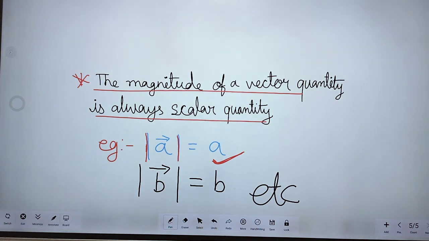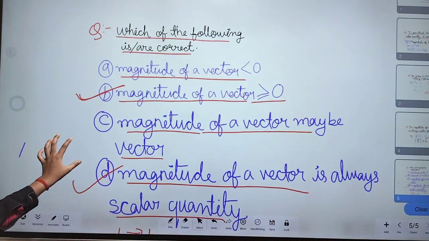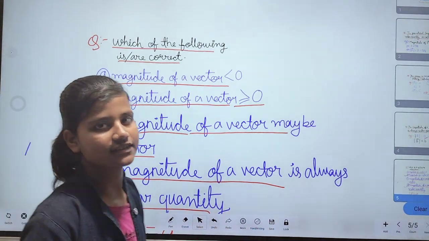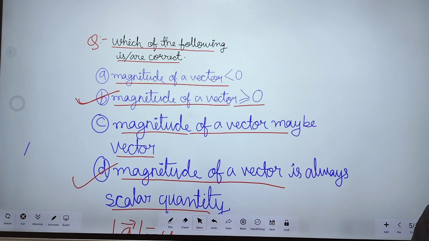Our next question: the magnitude of a vector quantity is always greater than or equal to 0. And the last one: the magnitude of a vector quantity is always a scalar quantity.